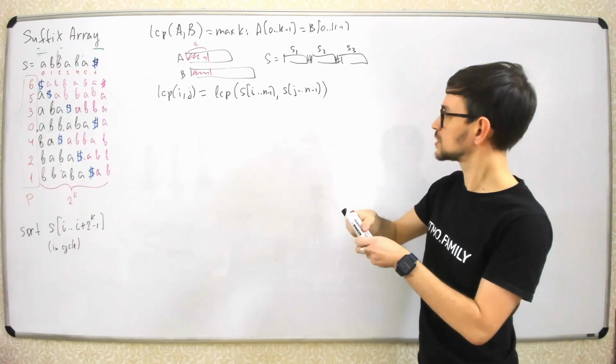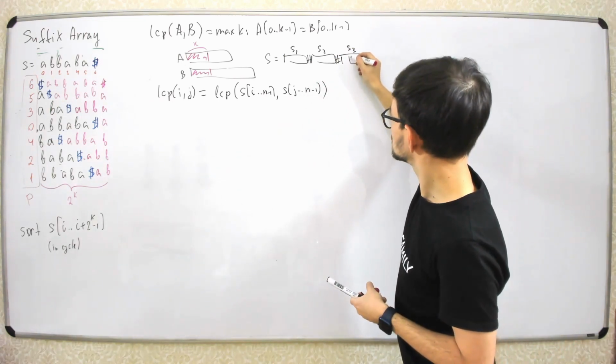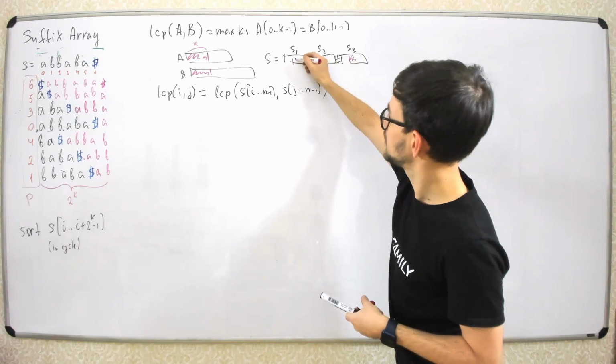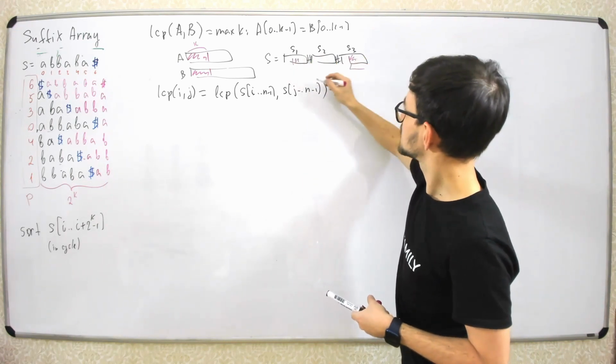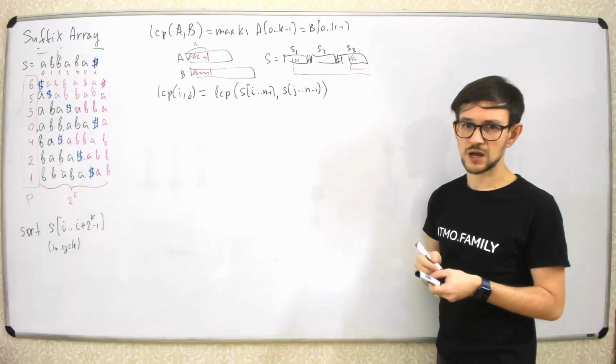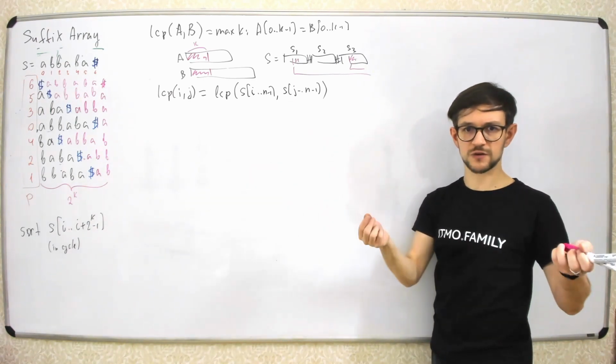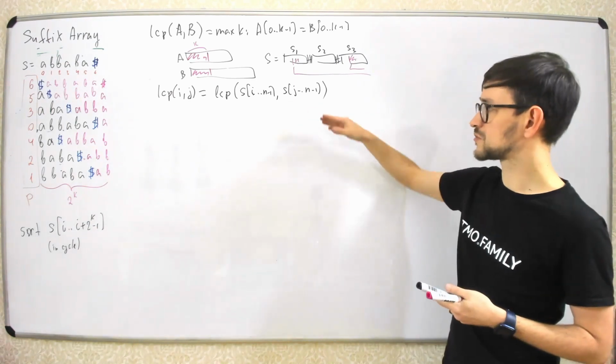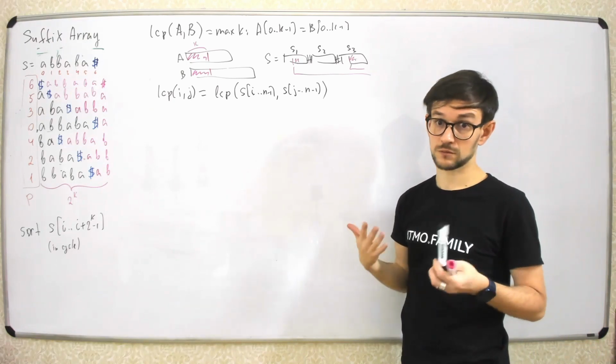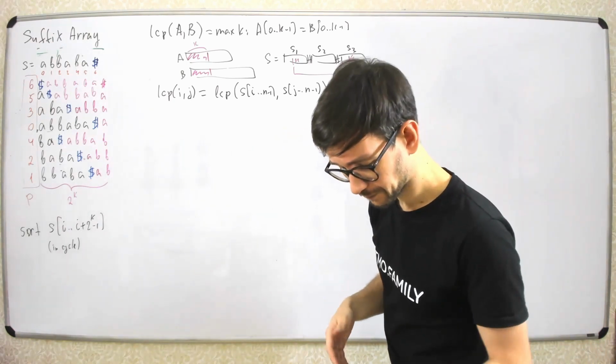Now if you want to calculate the LCP for this and this, you take this suffix and this suffix and just calculate the LCP of these two suffixes. So calculating the LCP of suffixes is usually enough for most of the problems.